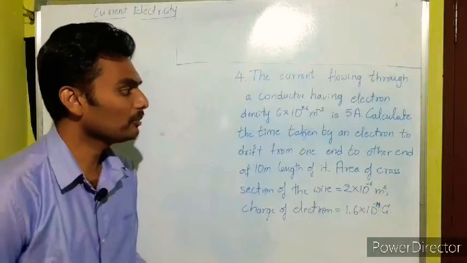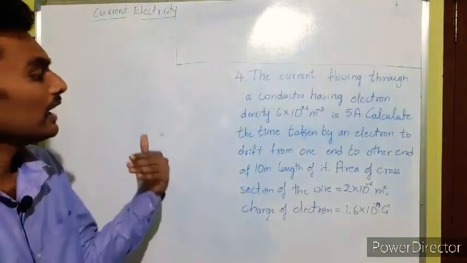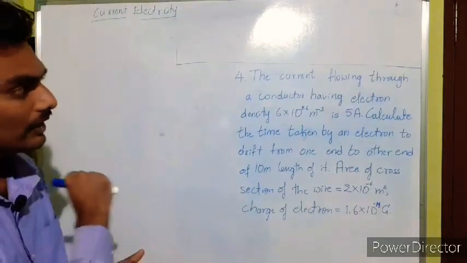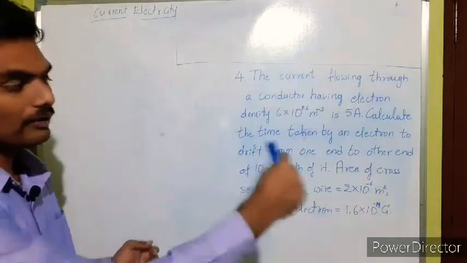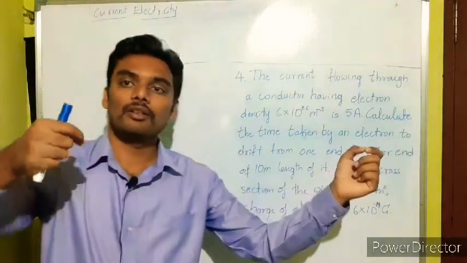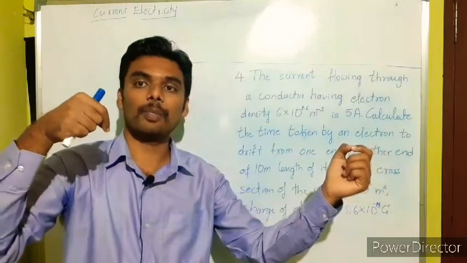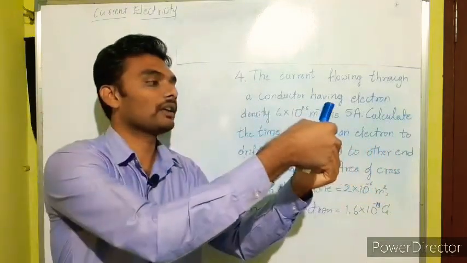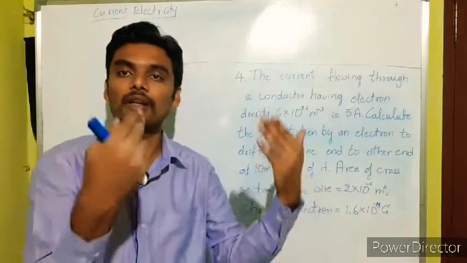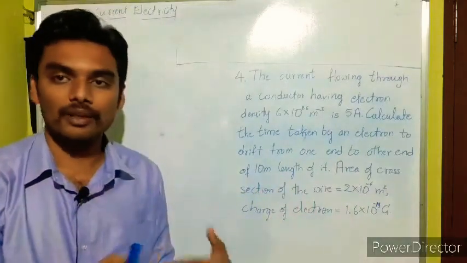Calculate the time taken by an electron to drift from one end to the other end of 10 meter length of it. So the conductor given is of 10 meter length, and now an electron has to go from one end of the conductor to the other end, drifting using the external supply, the voltage that we give externally.